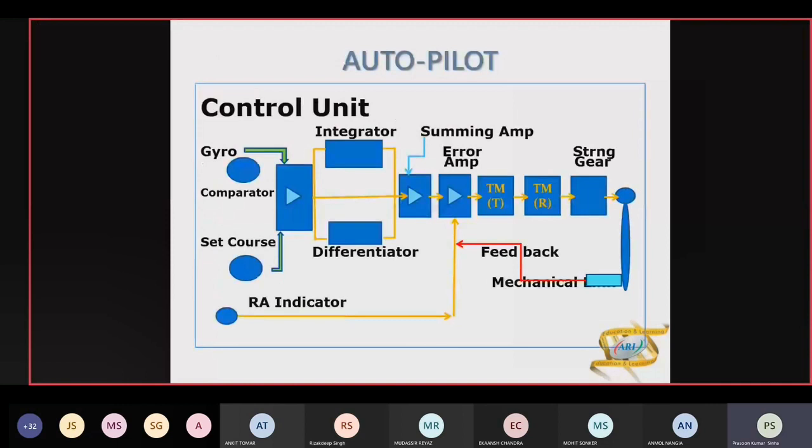Before that, you should make this diagram, because sometimes they ask this diagram. The functioning of autopilot. So I would like you to make this diagram.